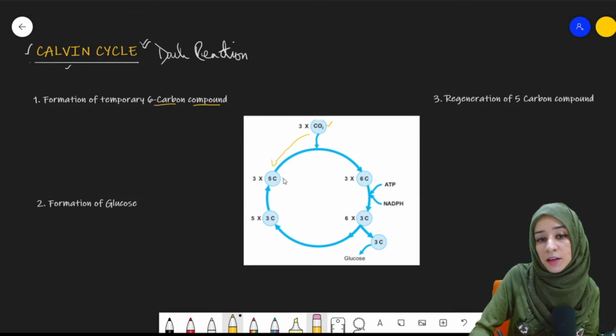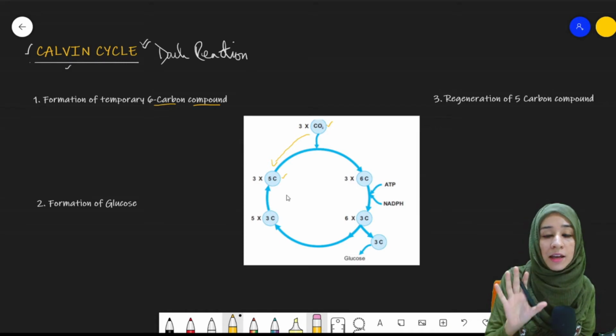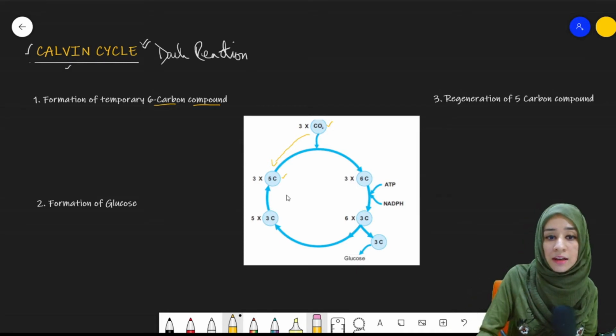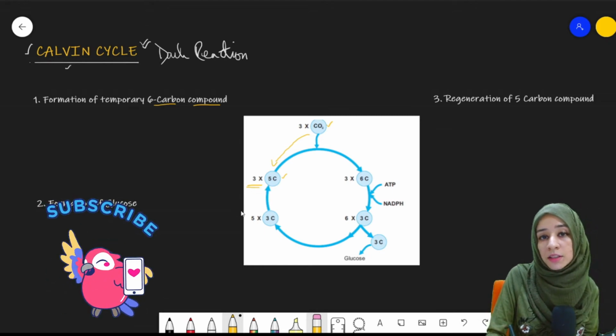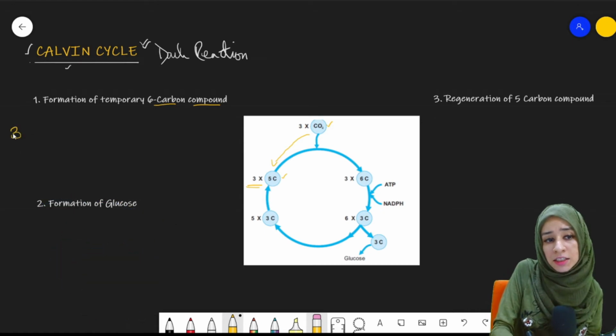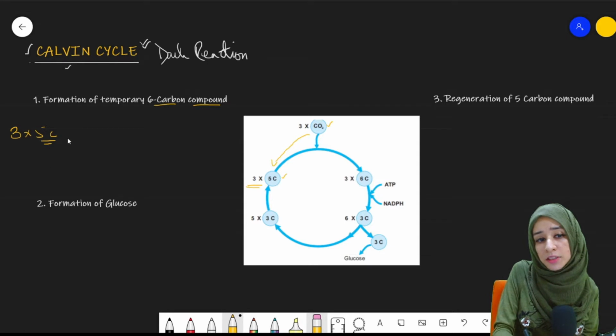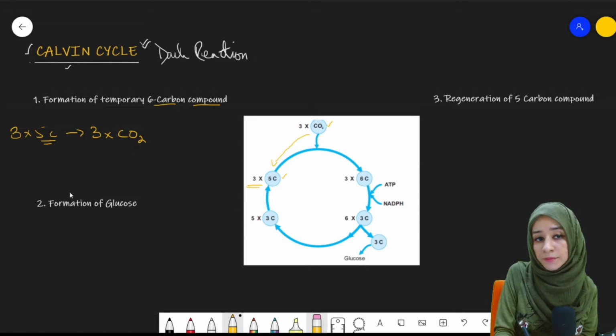Now, what is this 5-carbon compound and why is it called that? It is called a 5-carbon compound because it consists of 5 carbon atoms. And there are about 3 molecules of this 5-carbon compound, which will react with 3 molecules of carbon dioxide.